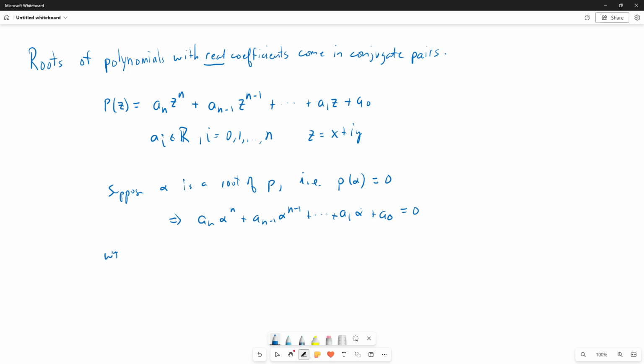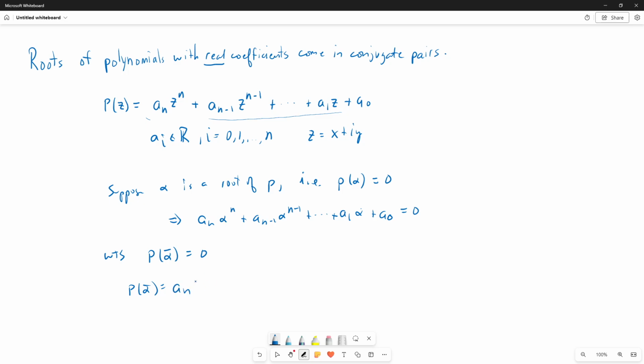Now we would like to show that p of alpha bar, the conjugate of alpha, is also equal to 0. So to that end, p of alpha bar, plug alpha bar into the polynomial here.